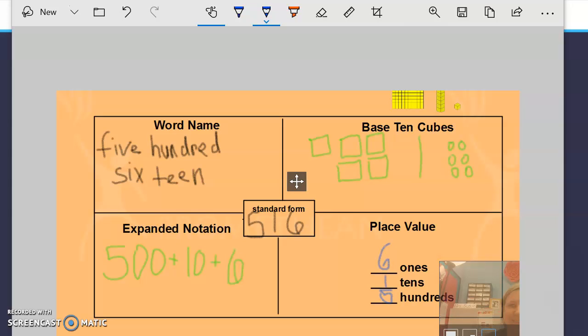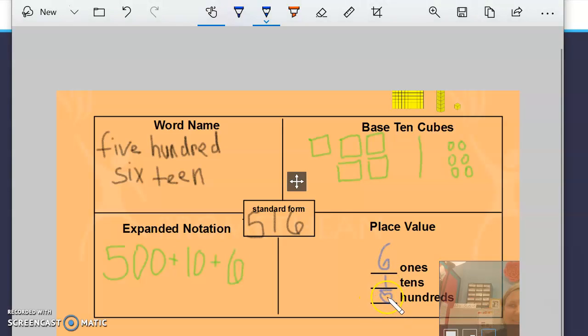All right, is this what yours looks like? Did you write the words 516? Did you draw your base 10 cubes? 100, 200, 300, 400, 500, 1 group of 10, and 6 ones? And your place value, you have 6 ones, 1 ten, and 5 hundreds?